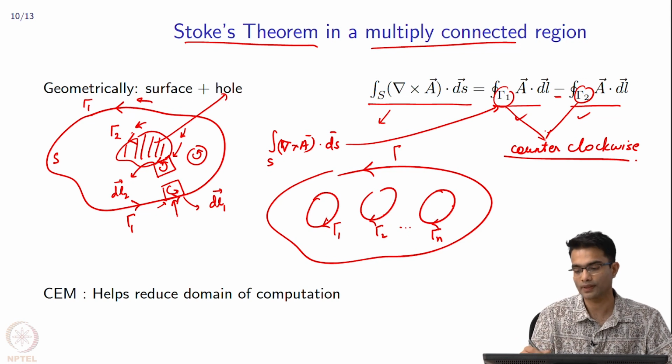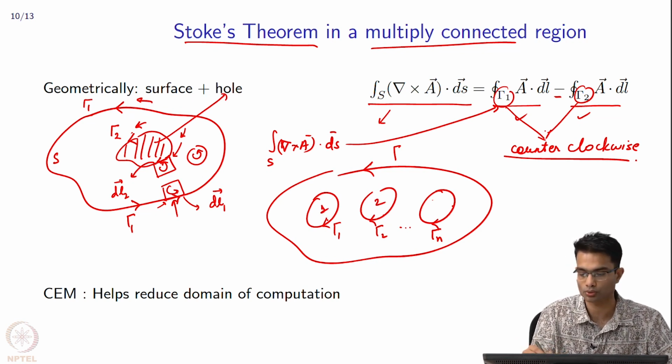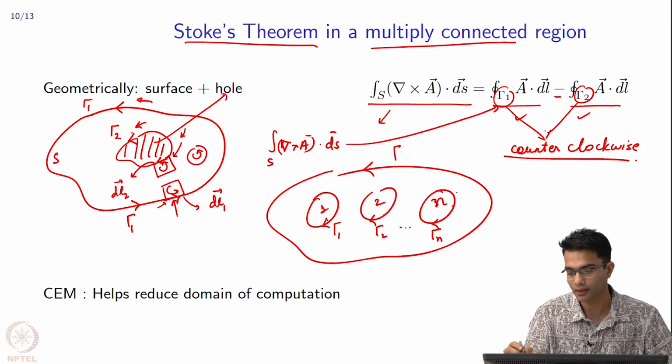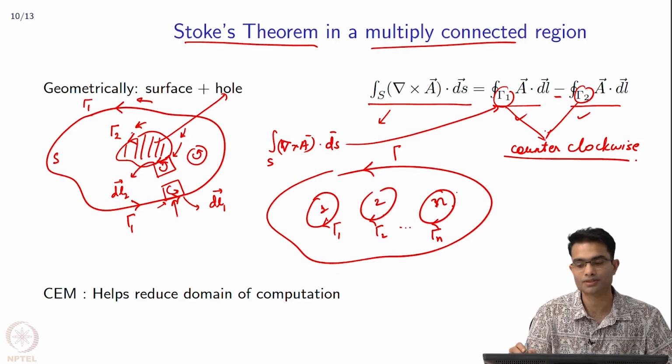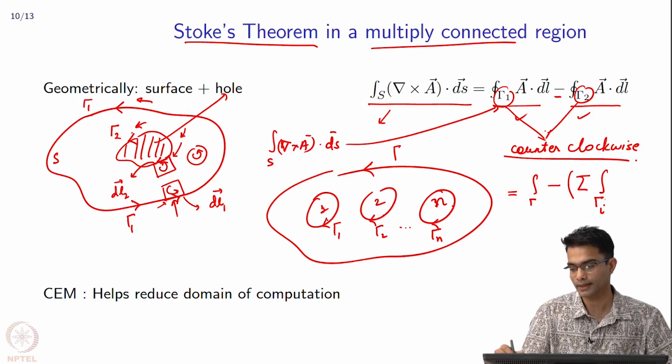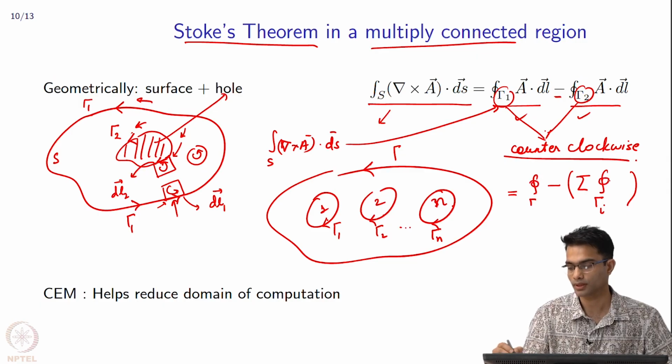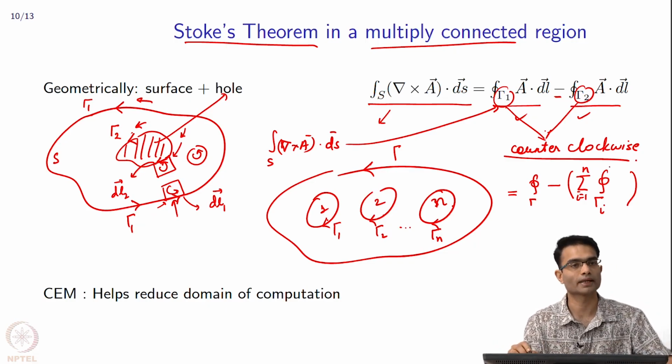If I have n such holes, hole 1, hole 2, hole 3, up to hole n, how many integrals am I going to have on the right hand side? One from gamma and then minus a summation over gamma i, closed, with i equal to 1 to n. So, I have a total of n plus 1 integrals on the right hand side.